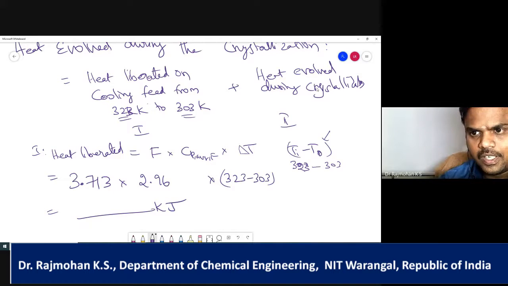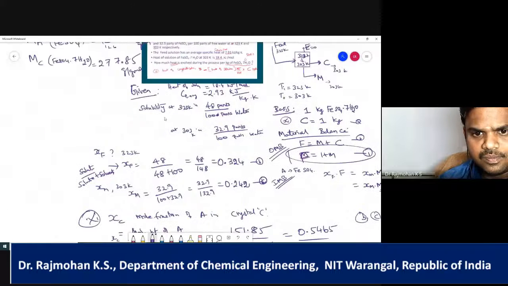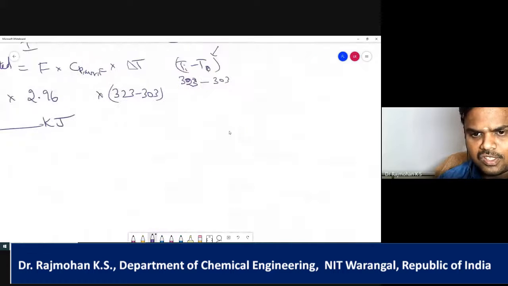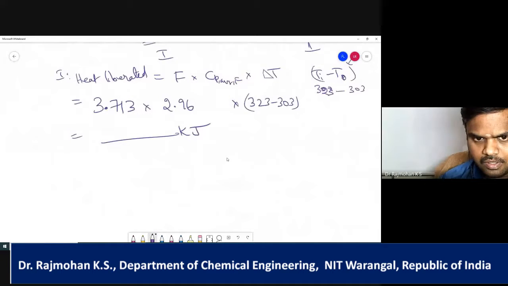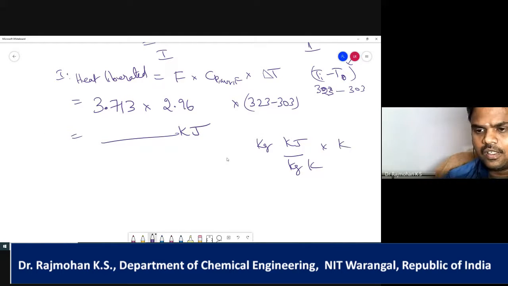We have to check the unit of the CP data given. CP is given in kilojoule per kg Kelvin. Substitute the units so that you don't miss it. F is in kg, CP is in kilojoule per kg Kelvin, and delta T is in Kelvin. So Kelvin gets cancelled, kg gets cancelled, and we get kilojoule as the answer. So that is the first part answer.